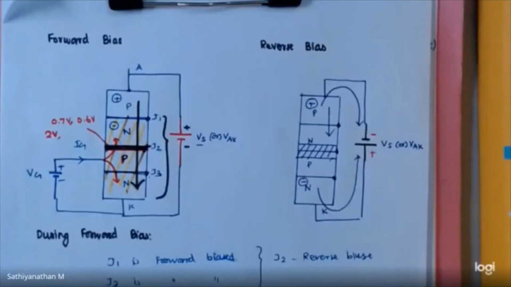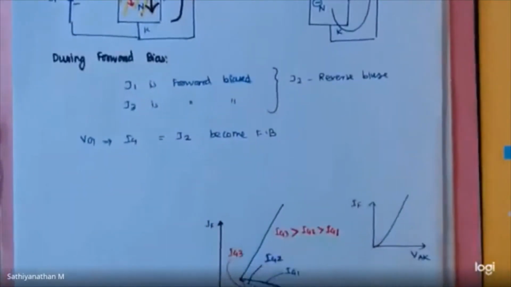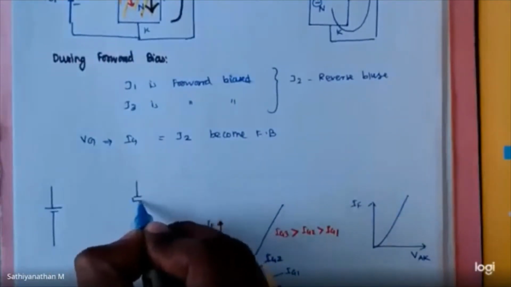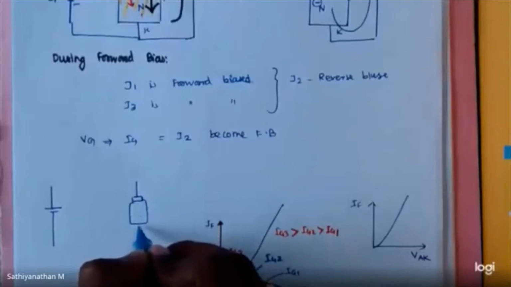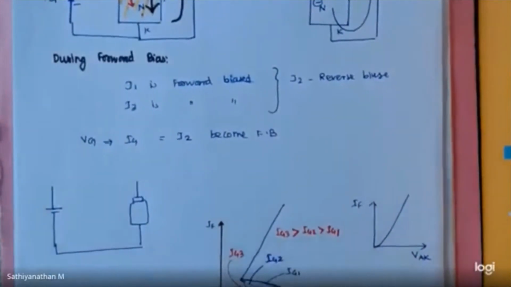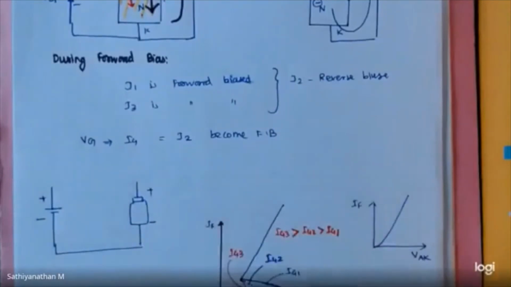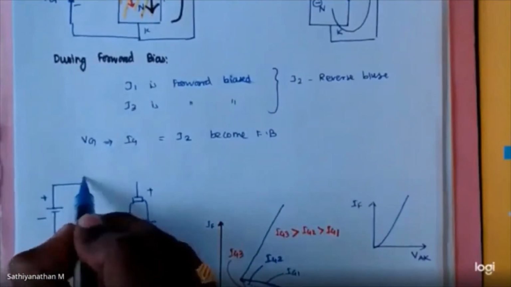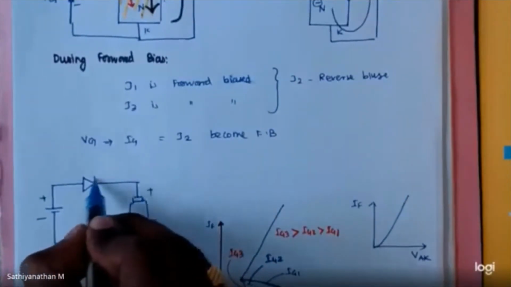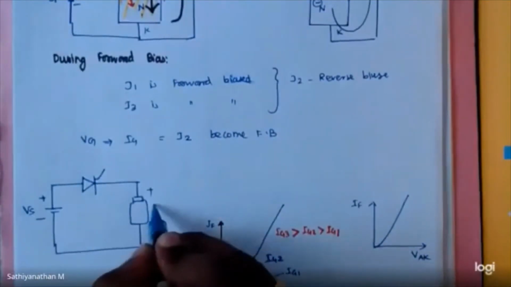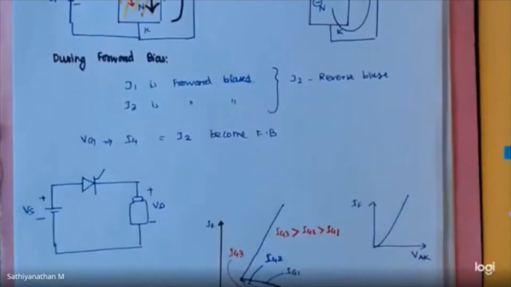Okay, there are two sources. You have a DC source and you have a battery. Okay, so we have positive and positive, and now we are using this thyristor as a switch. This is your source, this is your battery. There are two sources, right?